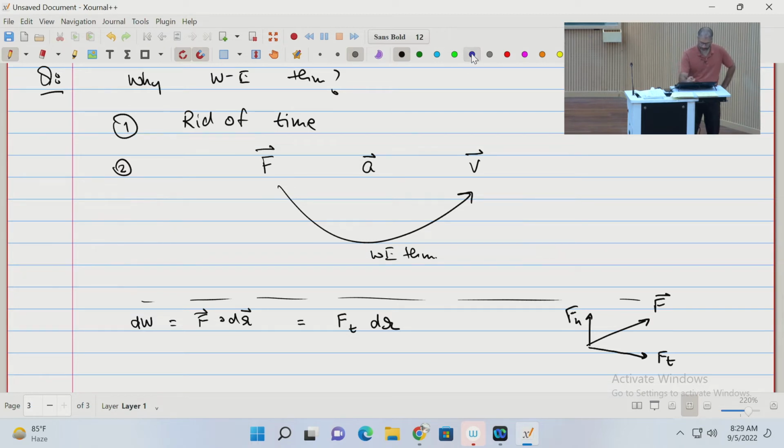And the displacement, of course, Ft is defined in the direction of velocity or displacement. The Fn does not do any work. It is only Ft that does work. If you had a problem where you only had a normal force, then you will not have any work done. That will not result in any change of kinetic energy. Okay?